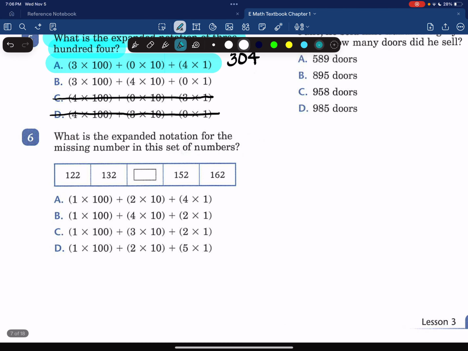Oh boy. Number 6. What is the expanded notation for the missing number in this set of numbers? So it's this box we have to find first, and then we have to expand it.